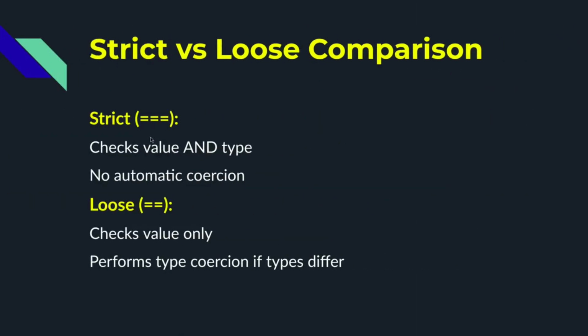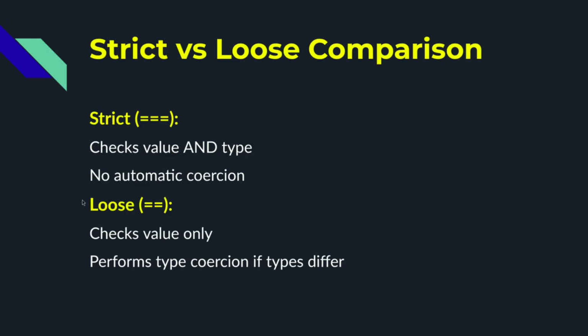I need to show you something very small. I want to show you the difference between the strict versus the loose comparison. So this is the strict comparison, and this is what you're recommended to use. This checks for the value and type. It compares the value and type, if they're both the same, and there is no automatic coercion here.